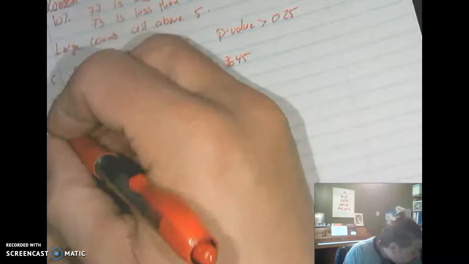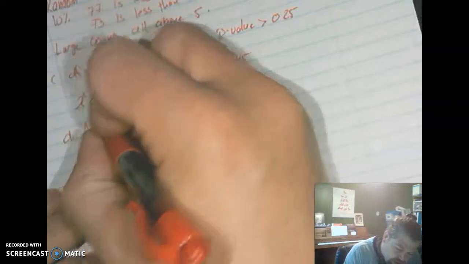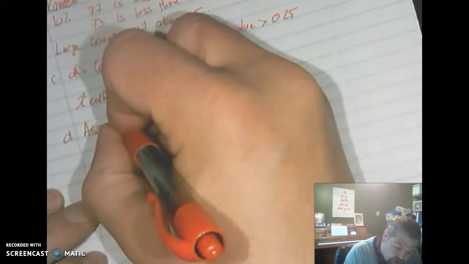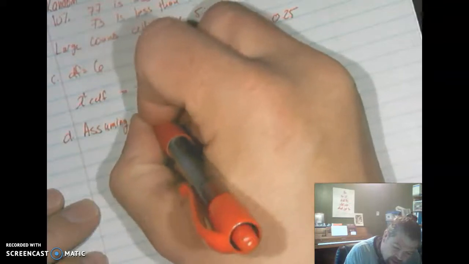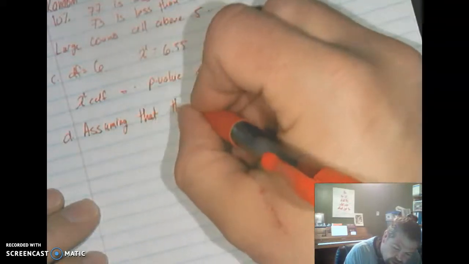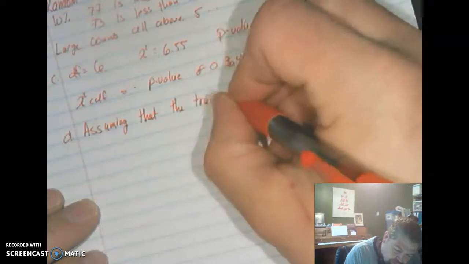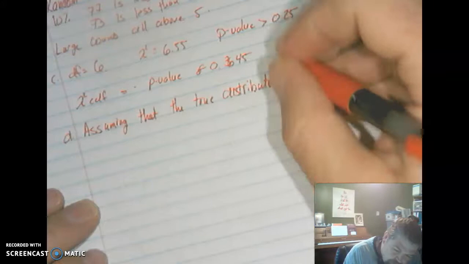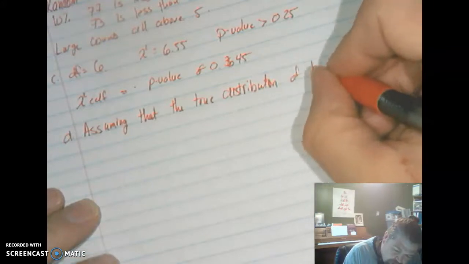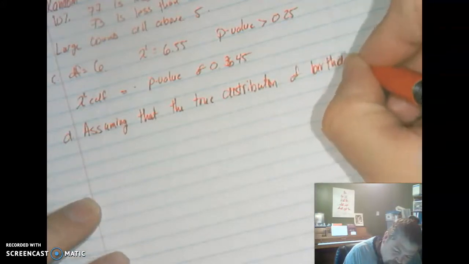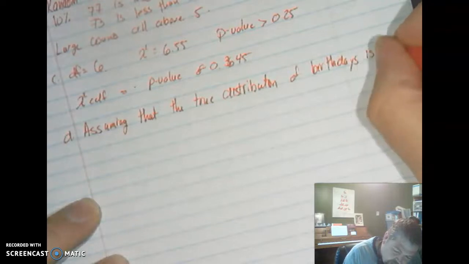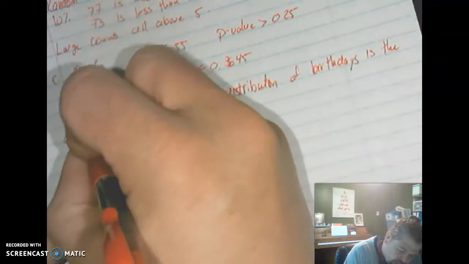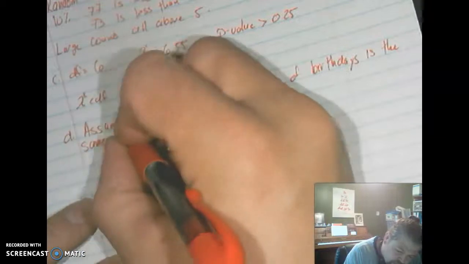In part D, the question was interpret the p-value from the calculator in context. So we're going to start with assuming that the true distribution is the same. So basically what we're saying is the null hypothesis is true.